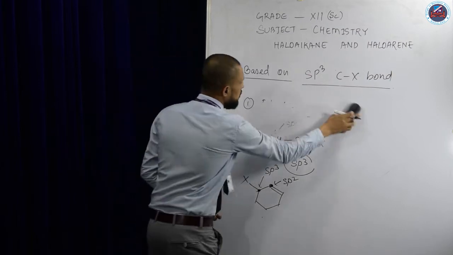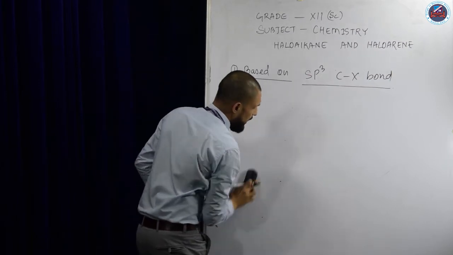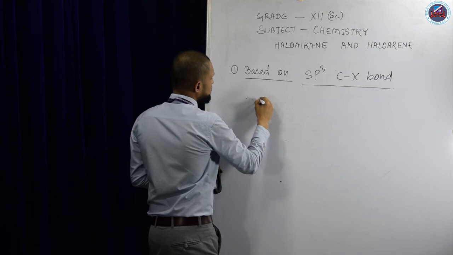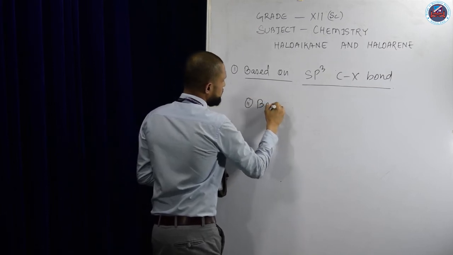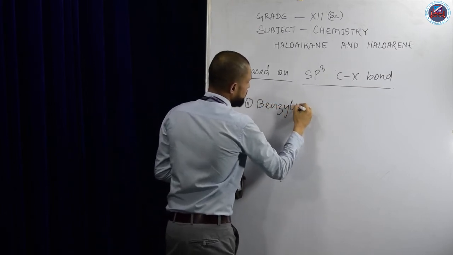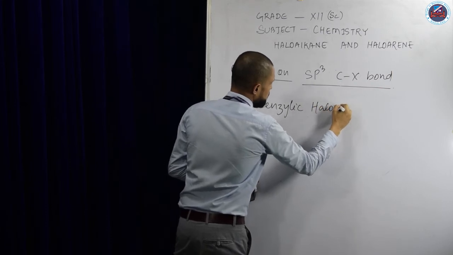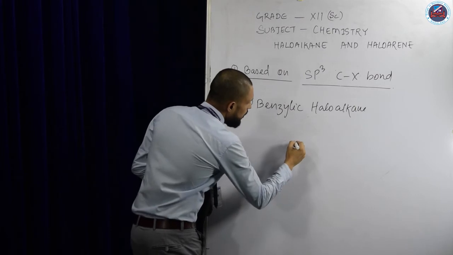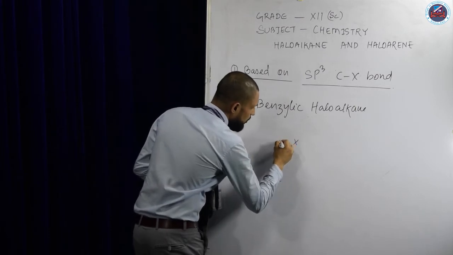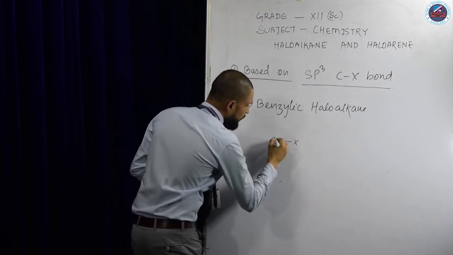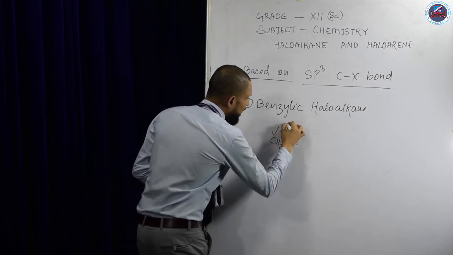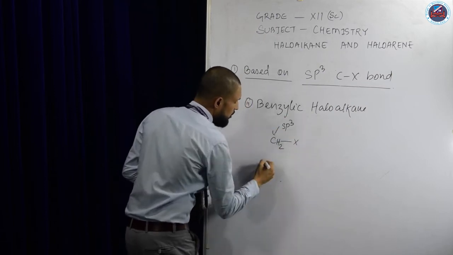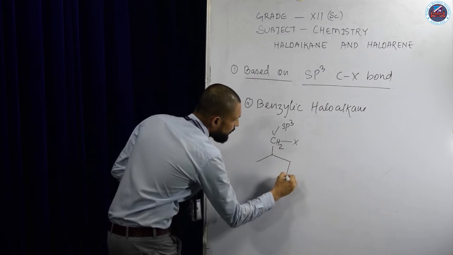Next is benzylic haloalkane. So in benzylic haloalkane, the halogen atom will be attached to a carbon which uses sp3 hybridization, followed by a phenyl ring.